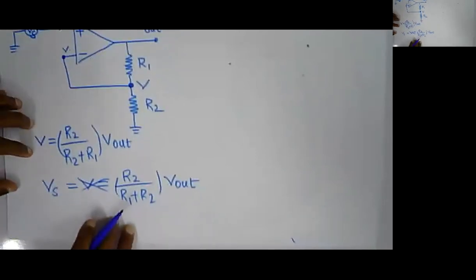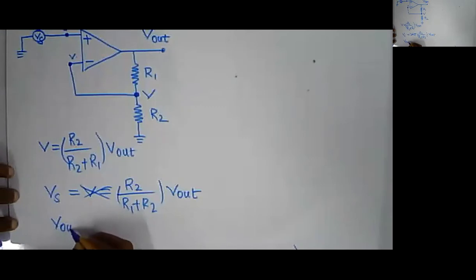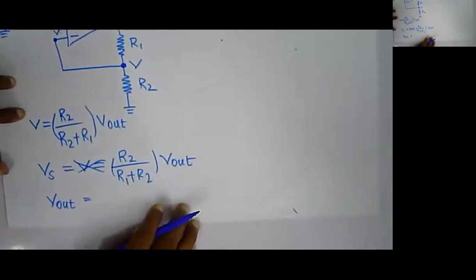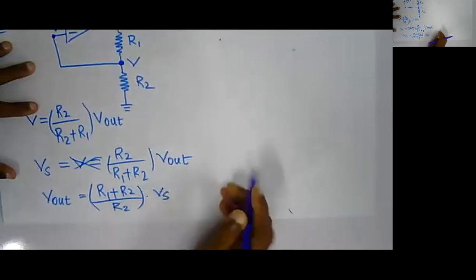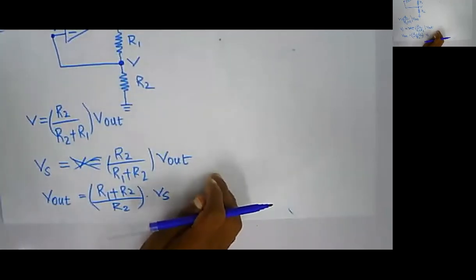I can remove this one and I can simply write my V out equals, this will go on top and this will come down, right? I can write it as R1 plus R2 divided by R2 into Vs. Am I right?